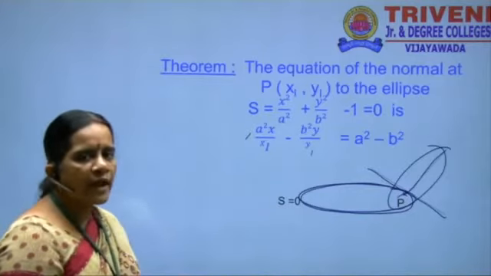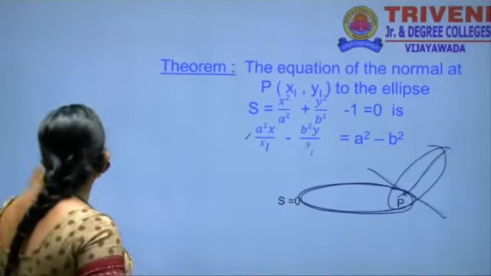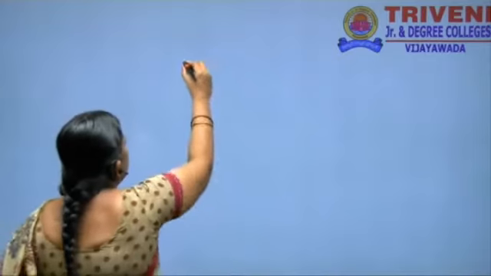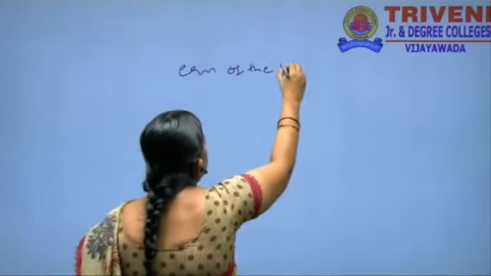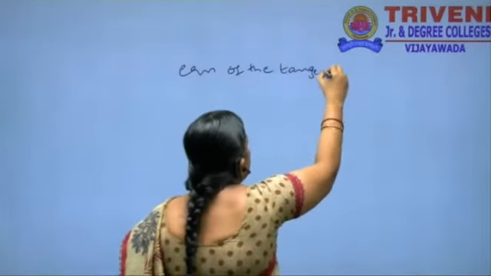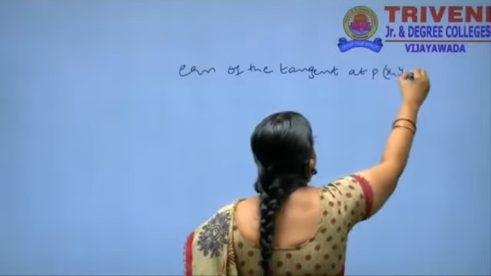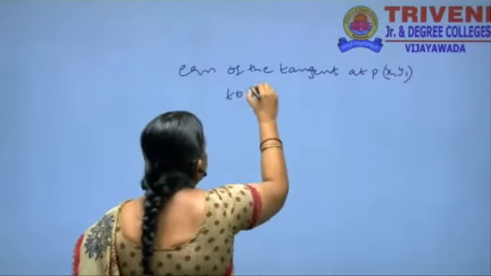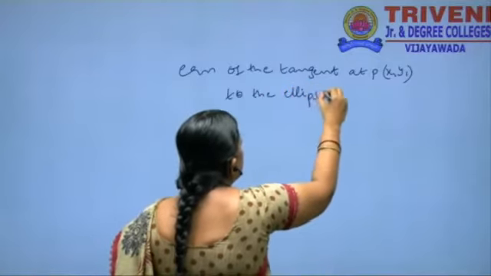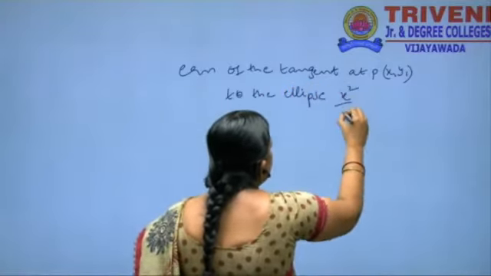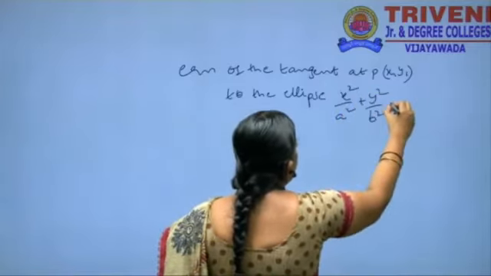First we have to write the equation of the tangent to the ellipse. Equation of the tangent at P(x1, y1) to the ellipse x square by a square plus y square by b square is equal to 1.